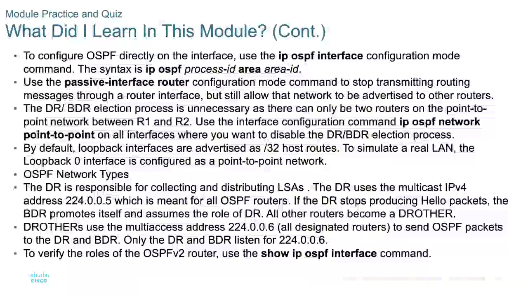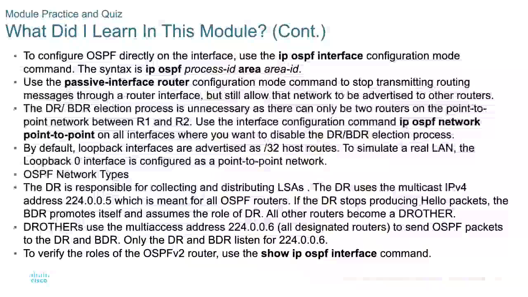If for some reason it no longer is sending updates, the backup will become active and take over that role. Now, all the other devices will send their change notifications, the LSAs, to the DR and BDR on multicast address 224.0.0.6, and now we get into the verification commands.